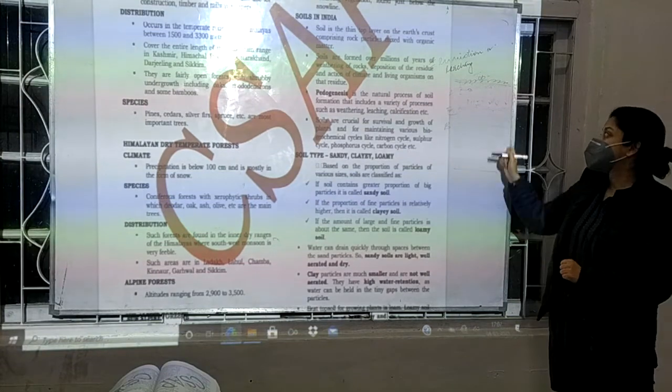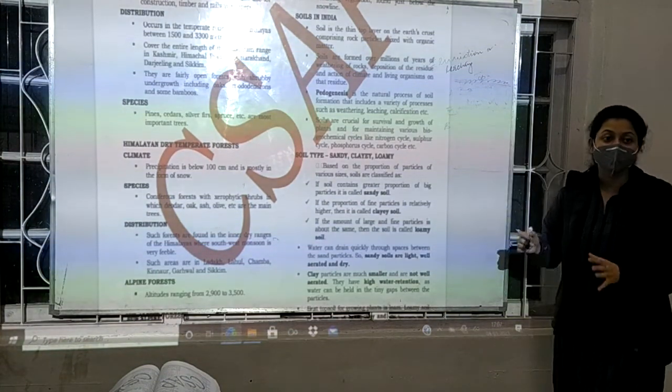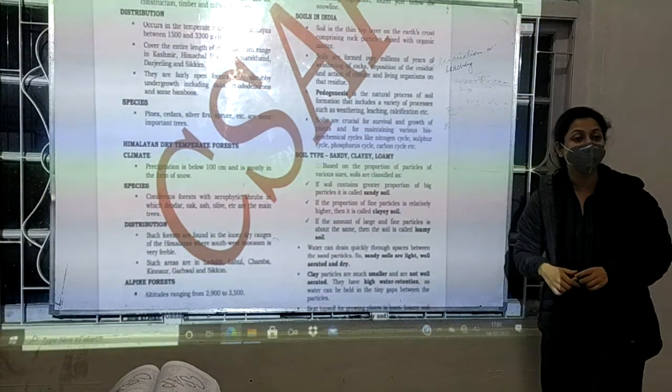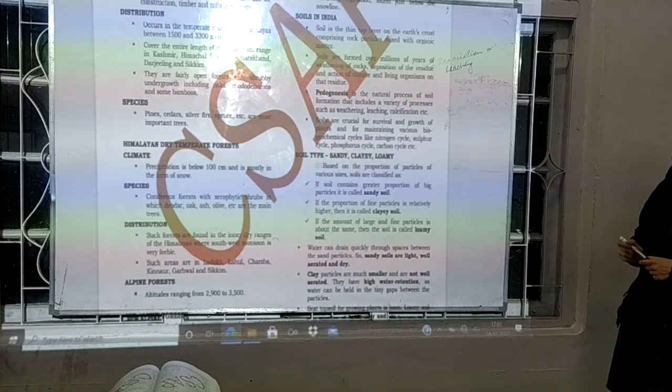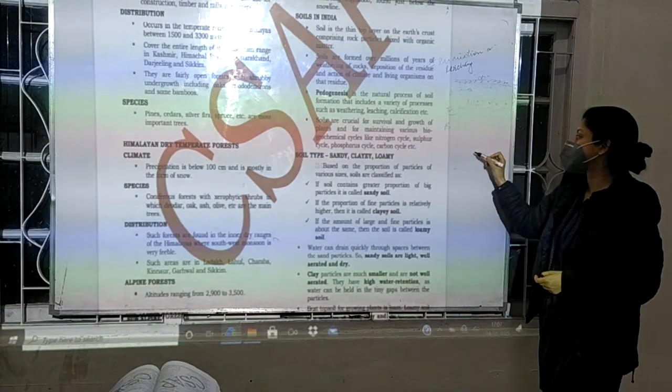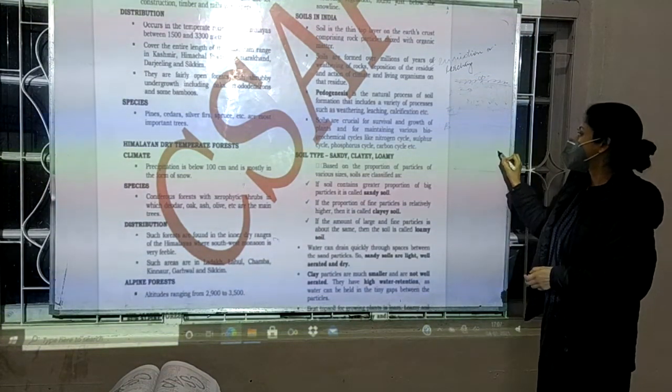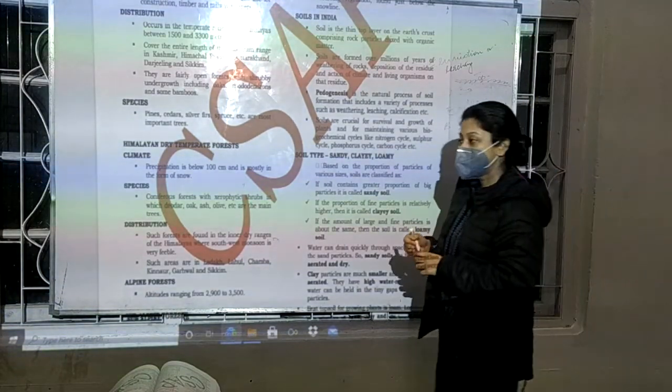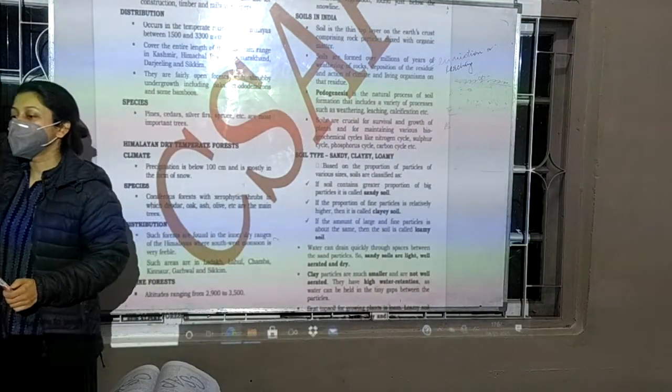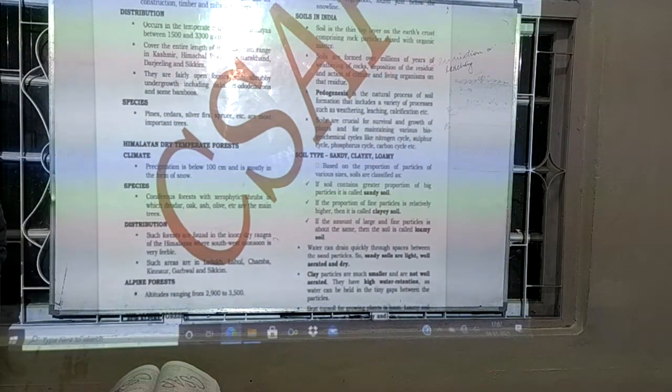The layer into which it goes is called the layer of illuviation. Then we have some other layers like bedrock and parent rock.